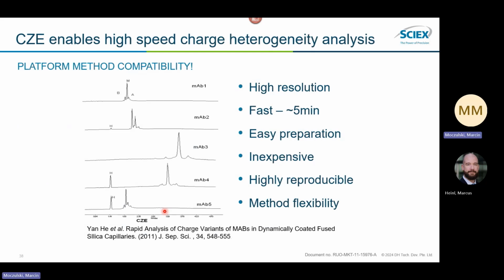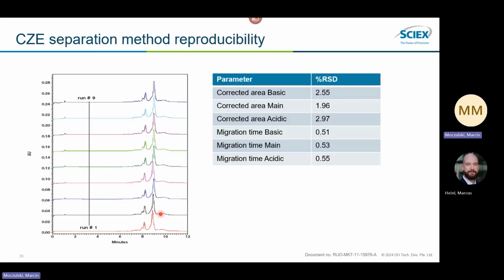For this method, we can use a pre-assembled cartridge with a total capillary length of 30 centimeters as a starting point. Using a shorter capillary total length with this kit, we are able to get very fast separation. Of course, the speed of separation depends on the isoelectric point of the separated proteins, meaning much more basic proteins are separated much faster than less basic ones. It is a very robust method with very high reproducibility for migration time and peak area.